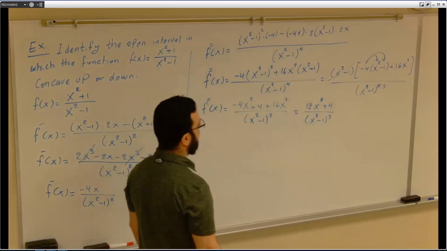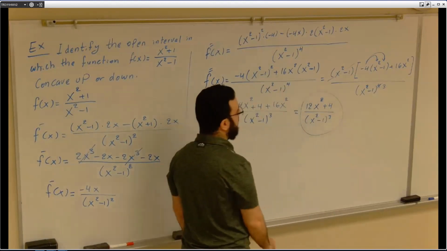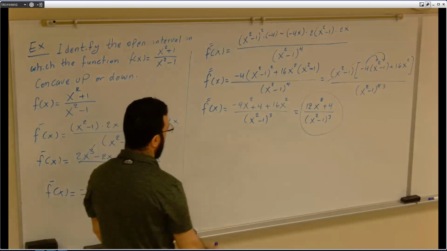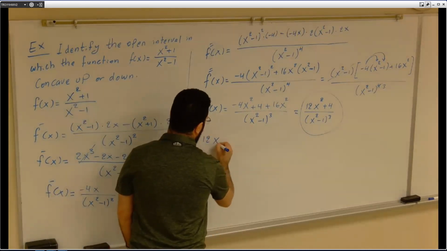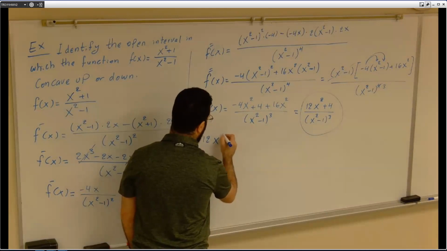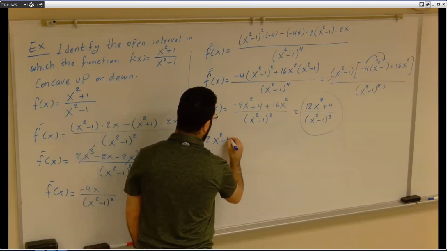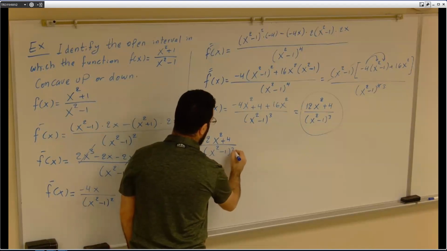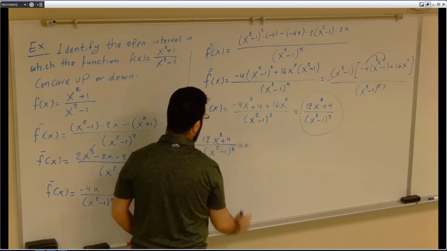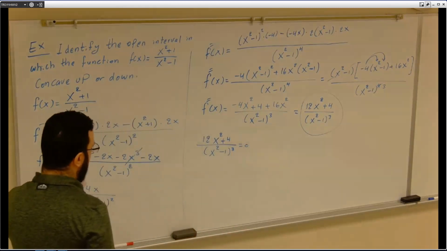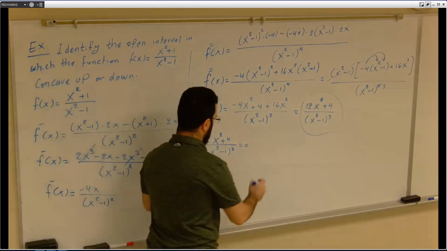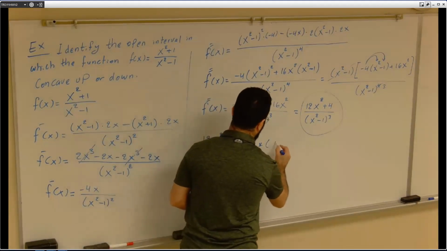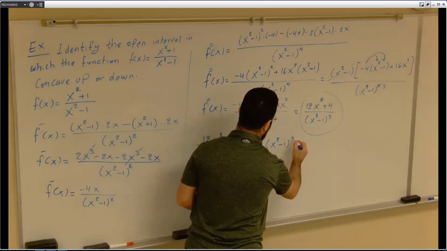To find the critical numbers, we take the second derivative and set it equal to 0. So 12x squared plus 4 divided by x squared minus 1 cubed equals 0. You multiply by this rational expression and cancel the least common denominator, which is x squared minus 1 cubed.